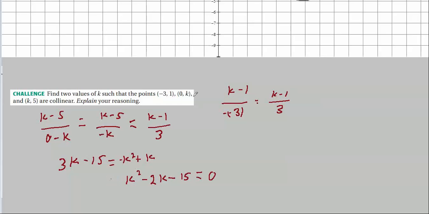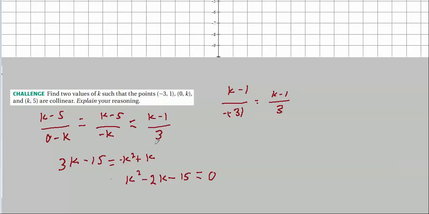The slopes that lead to the simplest equations are to take the slope between this and this, k minus 5 over 0 minus k, that's k minus 5 over minus k, and set that equal to the slope between these two, which is k minus 1 over 3. You set those equal, and remember, that means that times that equals that times that. We remember the old cross multiply and set it equal.